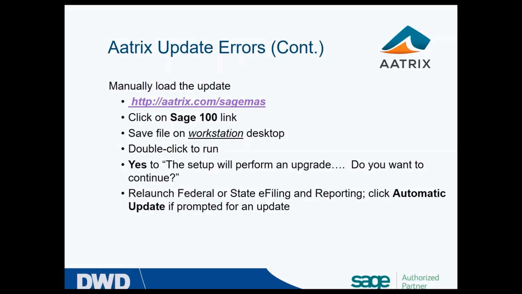And then again, if we're still struggling, we might have to manually download it. There's maybe only been one time out of all of my clients that I was not able to get the Atrix to update correctly, and it finally took an act of IT God to open up certain ports in order for it to run. So sometimes you have to fight it a little bit, but we can get it done.